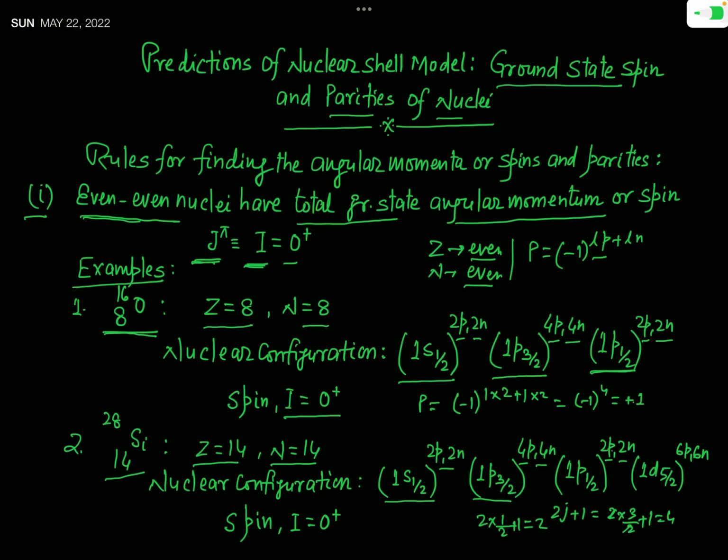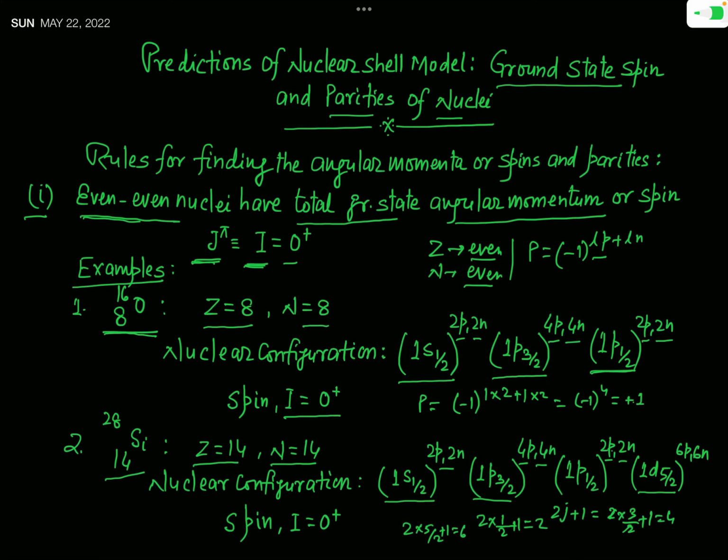And the last subcell is 1d5/2, and as J is 5/2, what will be the number of neutrons and protons? That will be 2J, J is 5/2, plus 1, and that will be equal to 6. So here there are 6 protons and 6 neutrons in the last subcell.